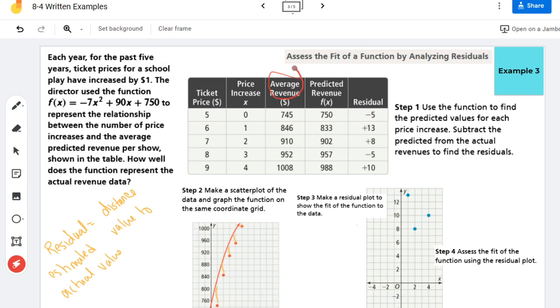So the average revenue was the actual money that they made, and the predicted revenue is what this line is assuming they would make. And they just subtracted the predicted from the average. I think that they actually meant to write actual here, but you know, we won't judge them.